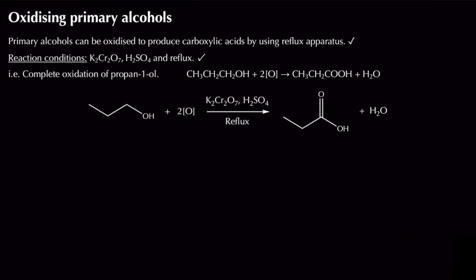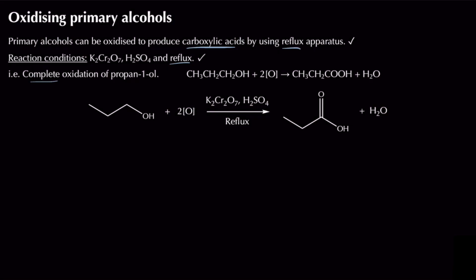What about if instead we were to oxidize this alcohol again, the same alcohol, but this time we would produce a carboxylic acid if we use reflux apparatus. Again, the oxidizing agent and the acid catalyst are the same. The only difference is we've got reflux here instead, and just by changing that key condition, we can end up producing propanoic acid from propan-1-ol. Again, we call this complete oxidation rather than partial.